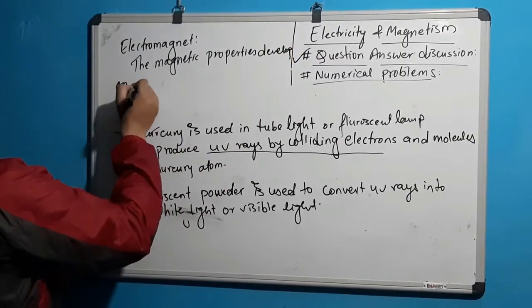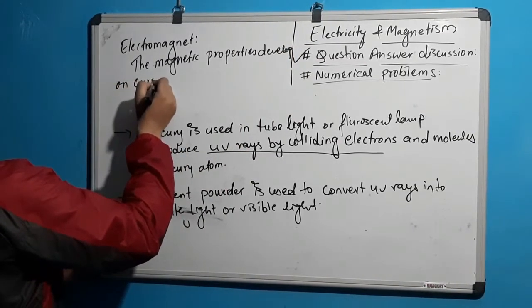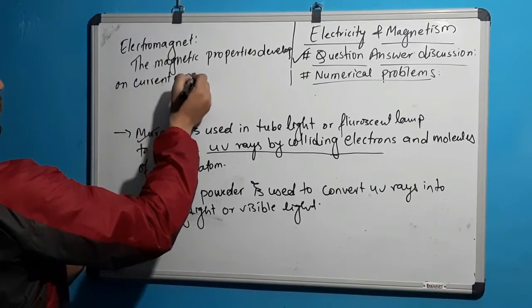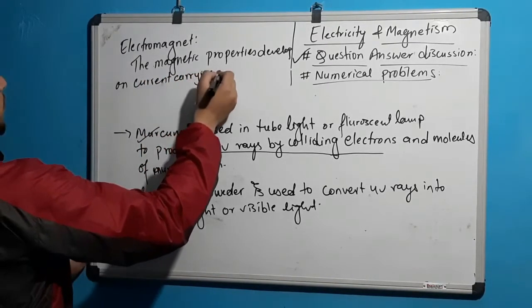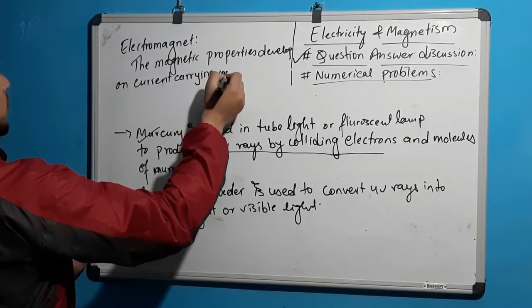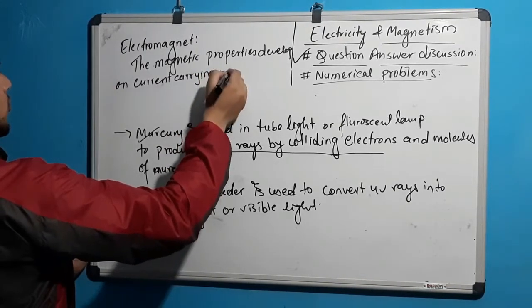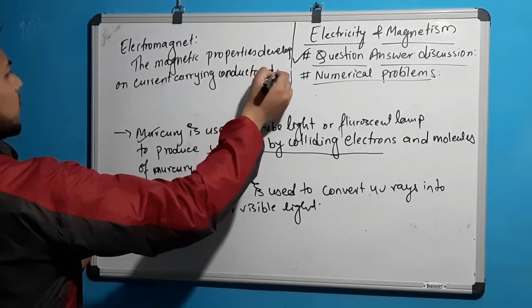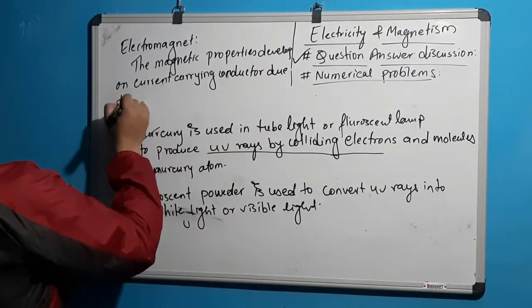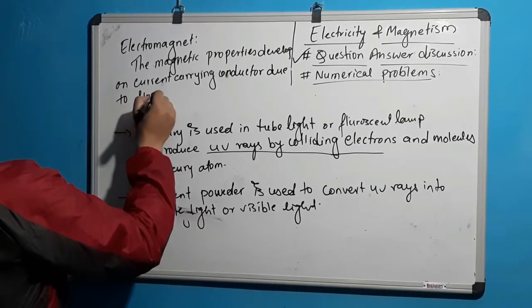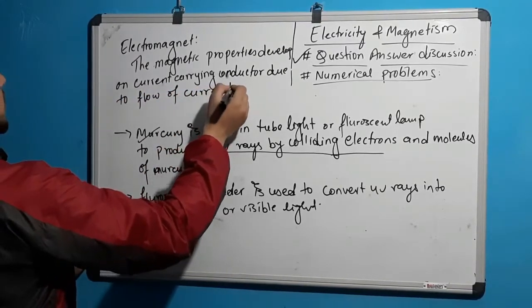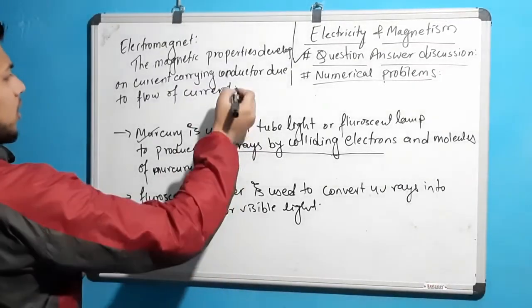Develop on a conductor due to flow of current or electricity.